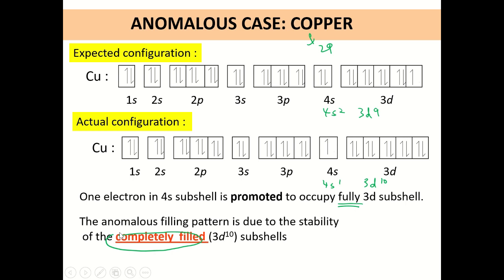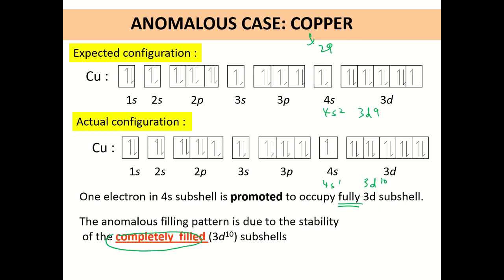So remember, there are three types of stability. The first one is noble gas configuration, which is stable. The second one is half-filled orbital stability, which is for d orbitals. When the d orbitals are filled with 5 electrons, that is considered stable.